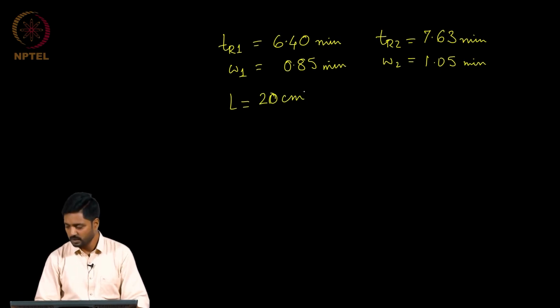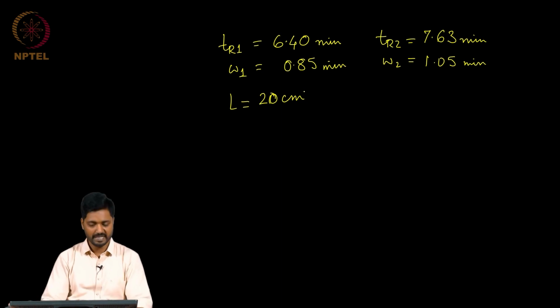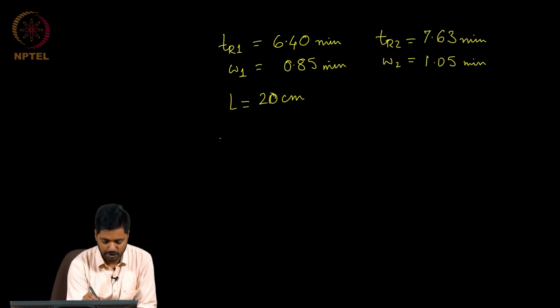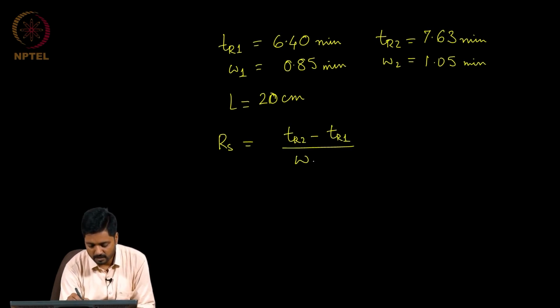Based on this information, it should be possible for us to calculate the resolution RS, which is nothing but 2 times (Tr2 minus Tr1) divided by (W2 plus W1).